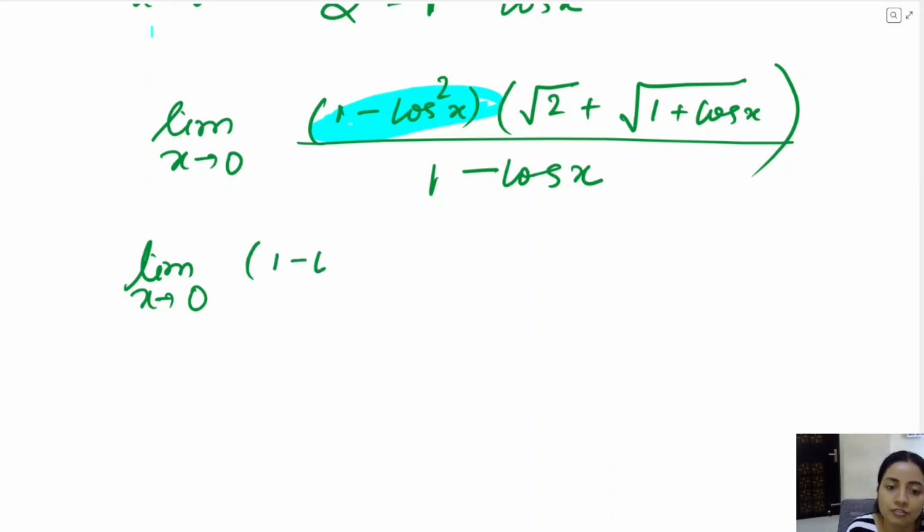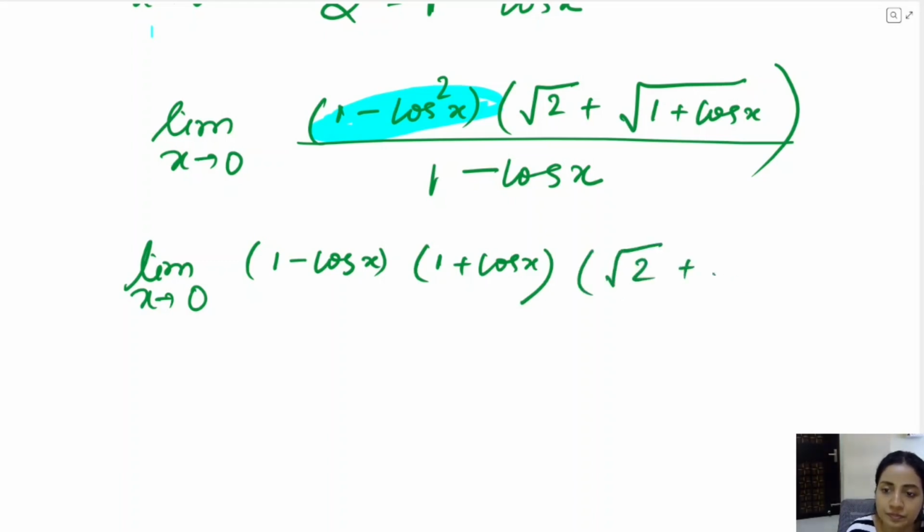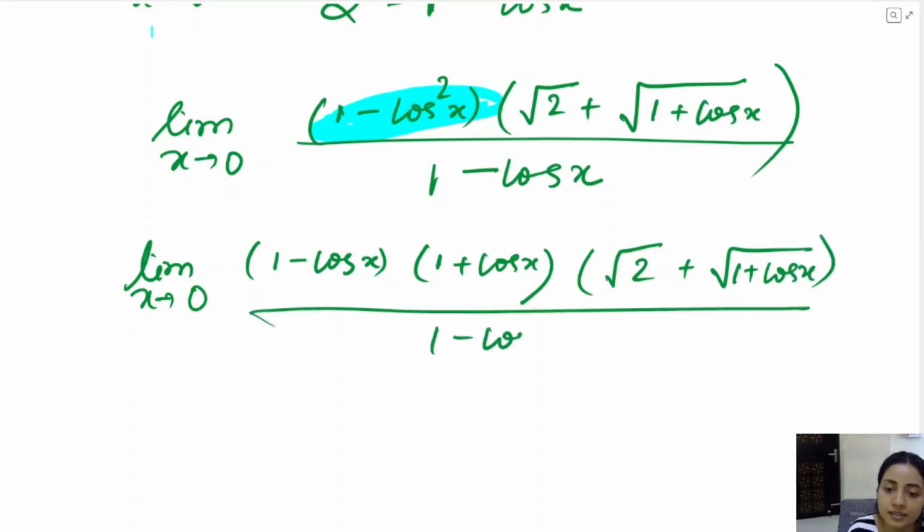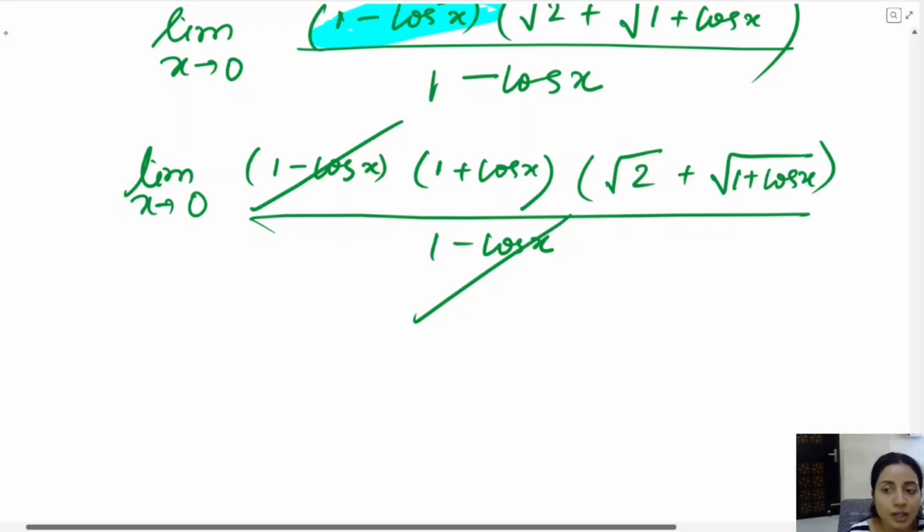So a minus b, a plus b. 1 minus cos x in the denominator. This 1 minus cos x and 1 minus cos x will cancel out each other and we are having all terms with just a positive sign, addition sign in between.